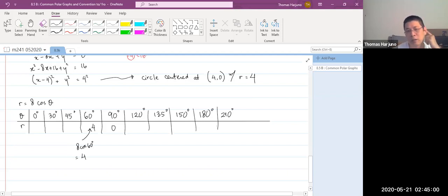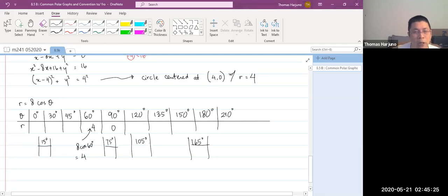If possible, you may want to find at 15 degrees, that's between 0 and 30, at 75 degrees, at 105 degrees, at 165 degrees. Let me ask you to do that, and we will use our graphing paper very soon. But do that first.